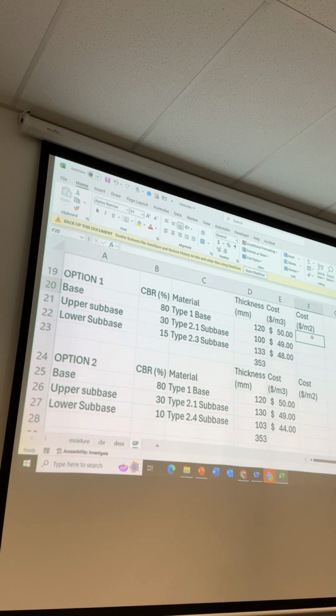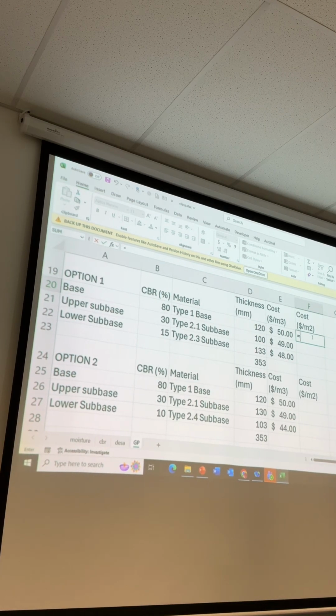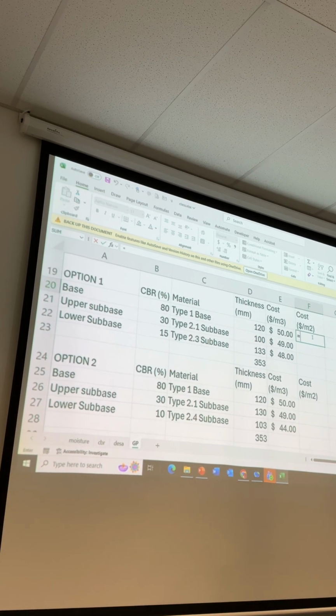So how much is it? How do I calculate the cost per square meter?